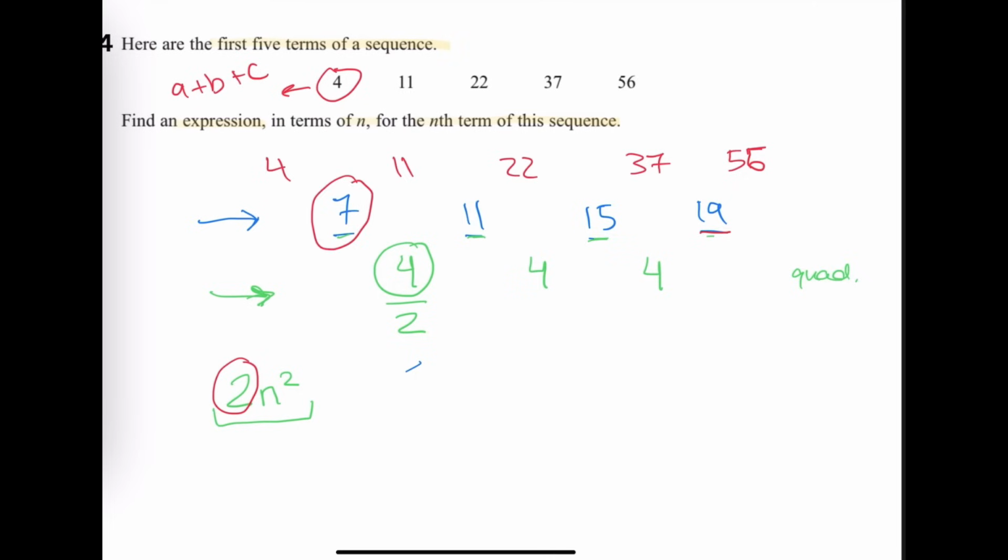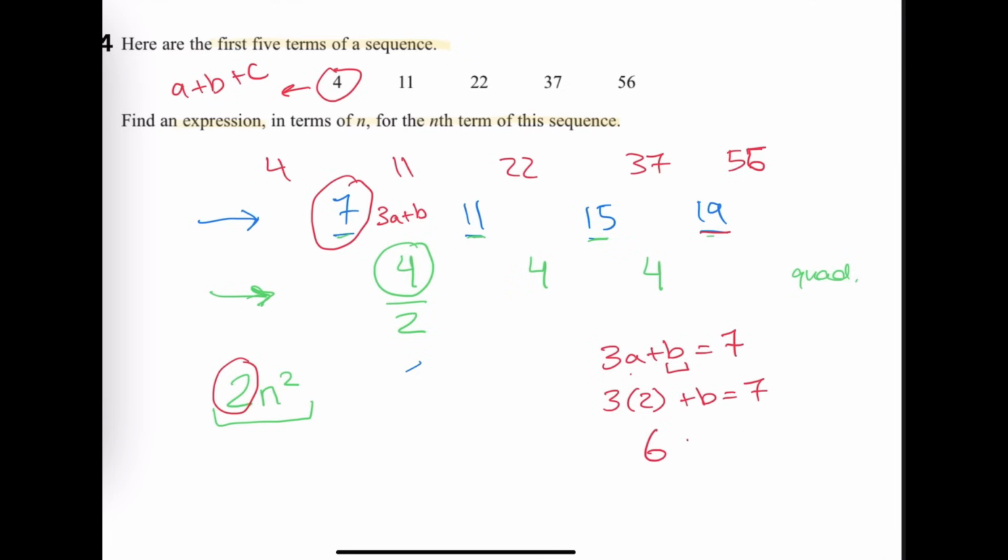Now, the first difference, 7, is the same as 3a plus b. This is just something you need to memorize. So we set that equal to 7. Since we already know a, we can find b. 3 times 2 plus b equals 7.